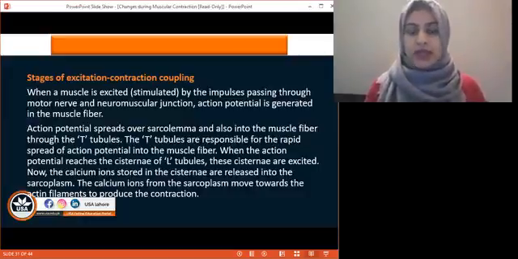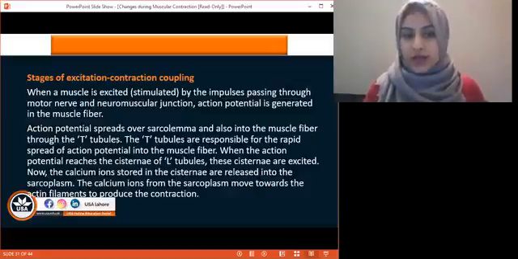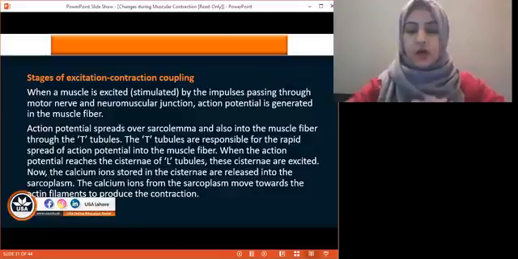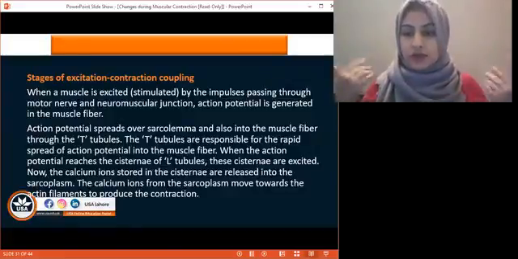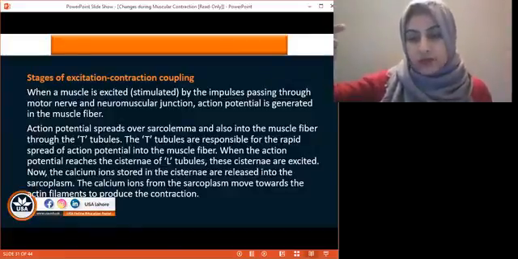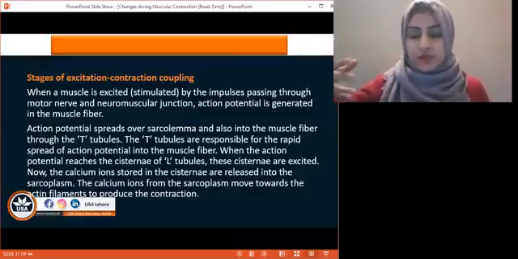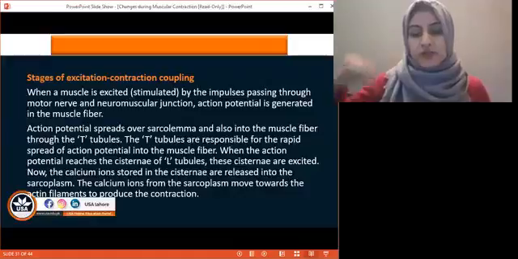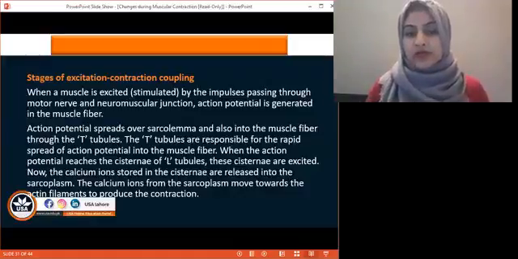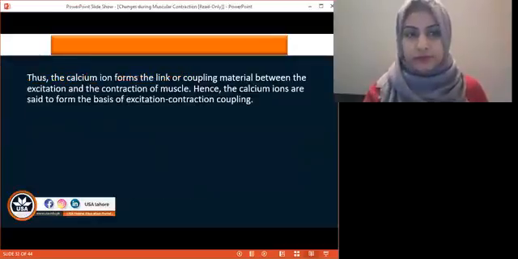So what is happening? It started when the impulse reached the muscle fiber. It generated the action potential. The action potential spread all over the sarcolemma. It moved to the T tubules. From T tubules, it reached the L tubule. In the L tubule, the calcium was present, and the calcium then moved outside of the cisternae and went to the actin filaments.